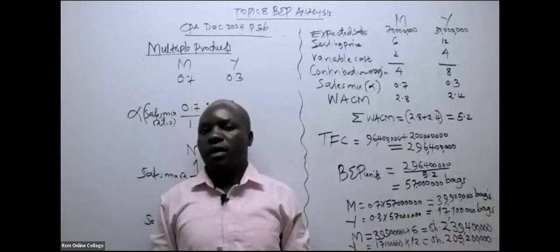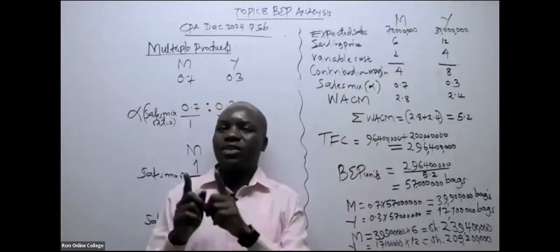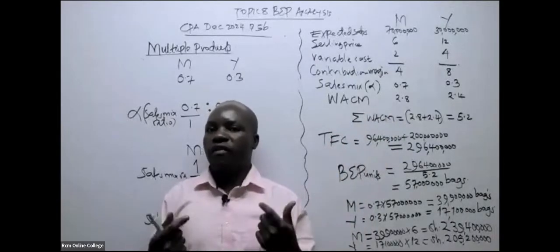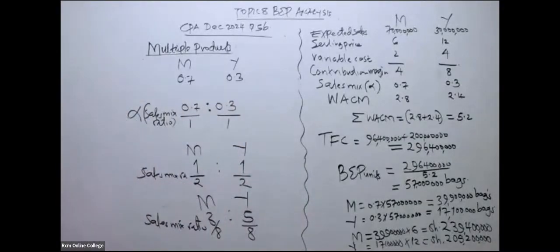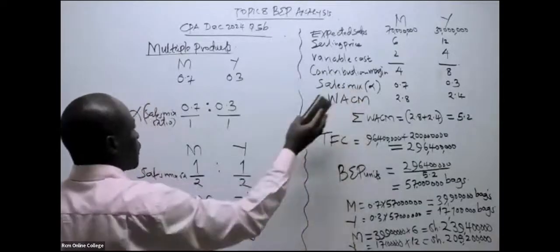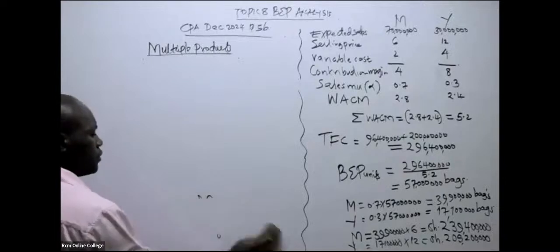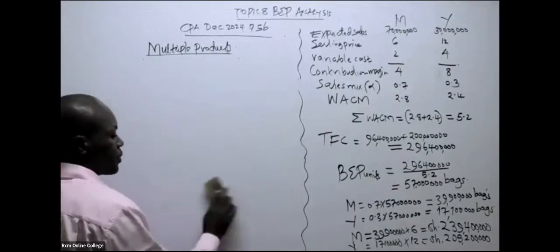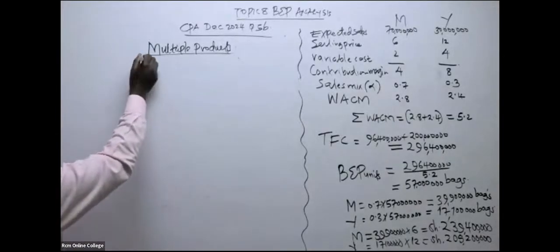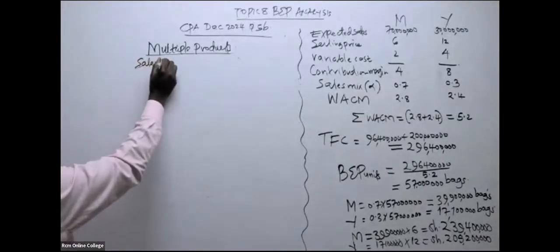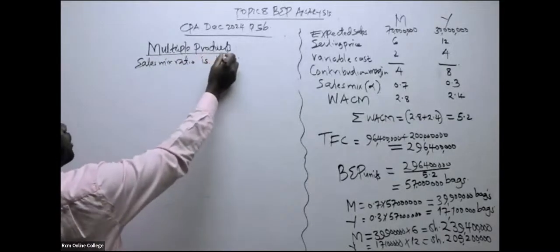Good. Now, if I interfere with the sales mix ratio and change it to 1:1, what will be my break-even point in units? Let me see if somebody will be able to do that. If I interfere with alpha, what will be my break-even point in units? If I change now, sales mix ratio is 1:1.